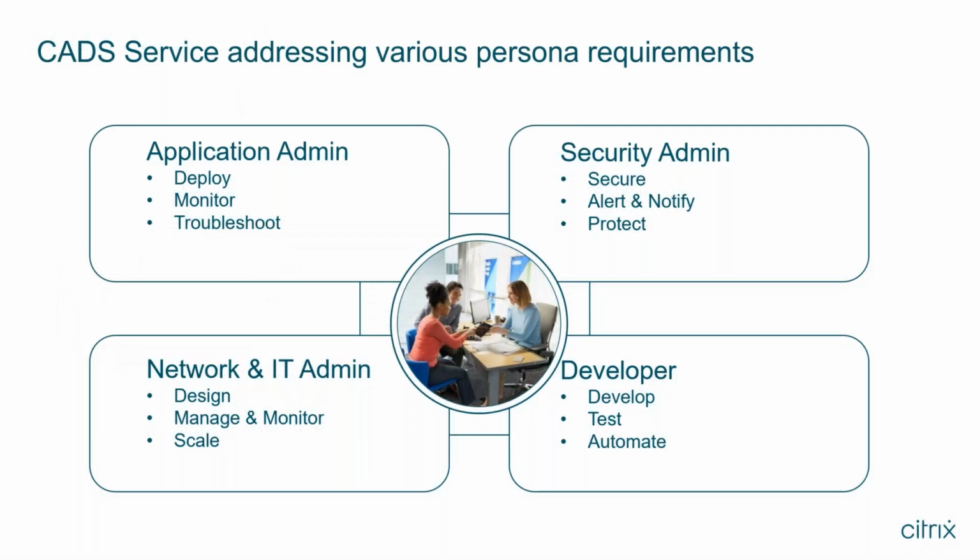So you have heard about all these things, right? If you try to map within your organizations who can use this product, like this is a new product, is it the same set of people who just have to use a different product, or is it addressing new kinds of use cases? If you see the application admin, they do not bother about the infrastructure, right? They cannot. Their complete focus is on the application.